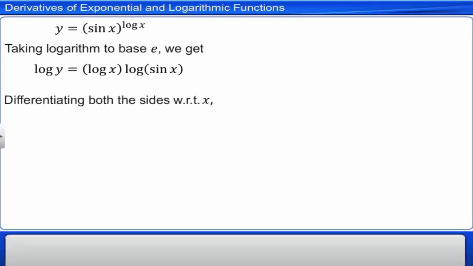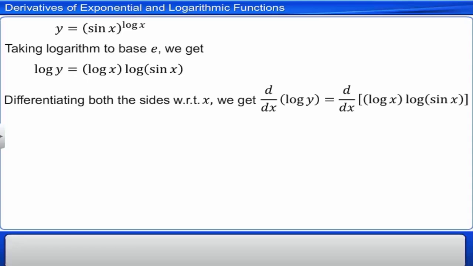This gives d by dx of log y is equal to d by dx of log x into log of sin x. By applying the chain rule, the derivative of log y with respect to x is 1 divided by y into dy by dx.